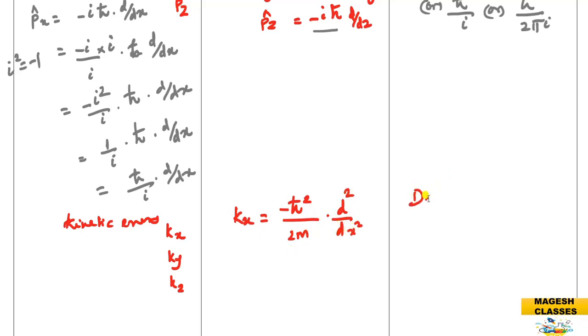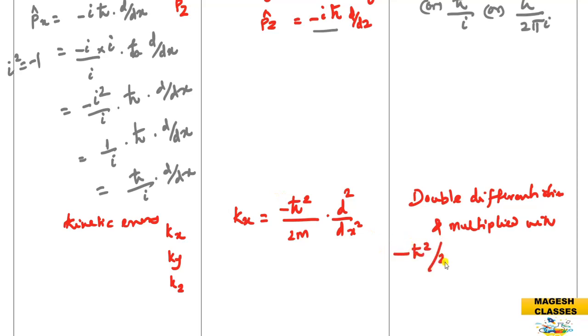So what is the operation? It is double differentiation, multiplied with the term minus h cut square divided by 2m. In this way we can write ky, kz, etc.